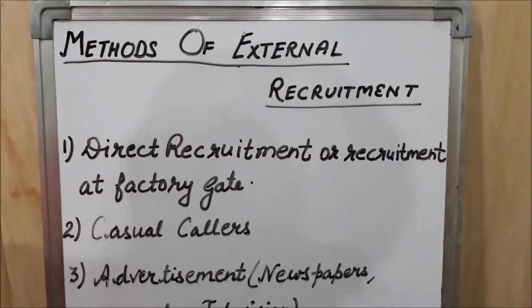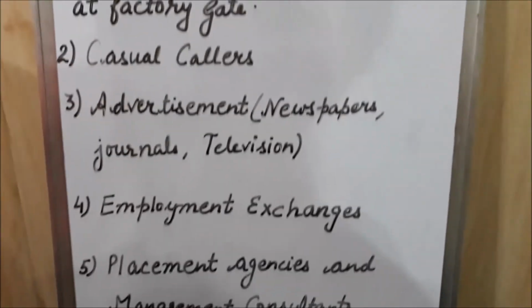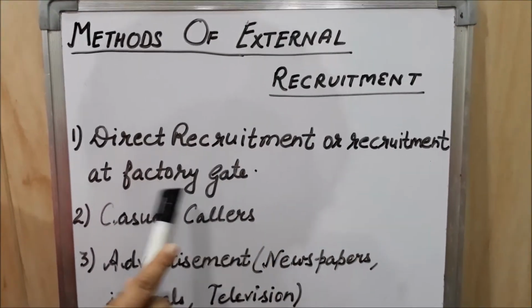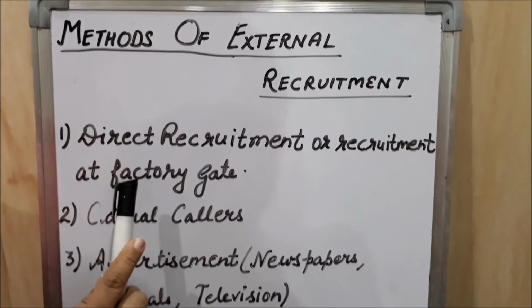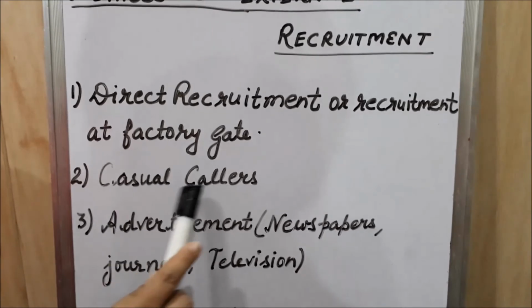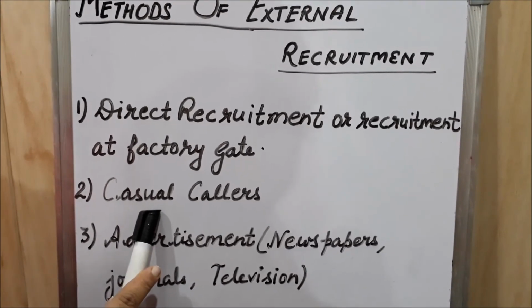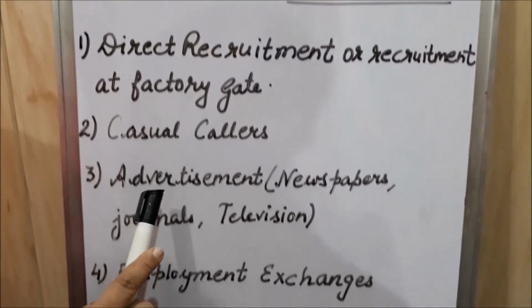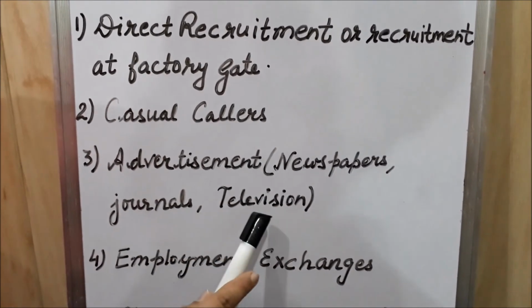So students, we have studied 5 methods of external recruitment today. First is direct recruitment or recruitment at factory gate. In this, a notice is pasted on the factory gate and employees are recruited. Second is casual callers. Under it, the company maintains a record of uncalled applicants and then selects from that record. Advertisements can be given in newspapers, trade journals or on TV.